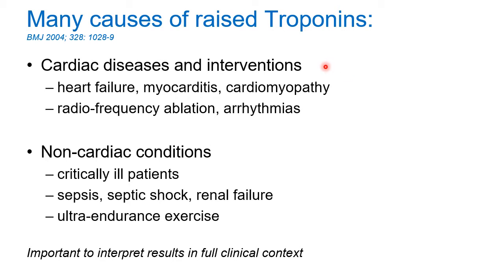This includes cardiac diseases and interventions, heart failure, myocarditis, cardiomyopathy, radiofrequency ablation, arrhythmias, and a long list of non-cardiac conditions, including critically ill patients, patients on ICU, those with sepsis, septic shock, renal failure, even ultra-endurance athletes in some settings may show a troponin rise. But the essential point here is that it is important to interpret results in a full clinical context.